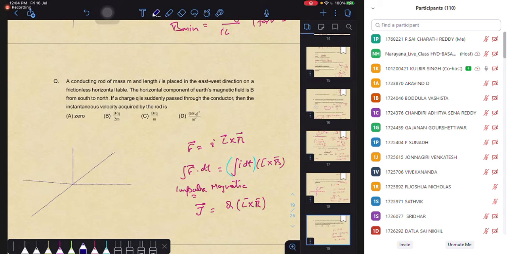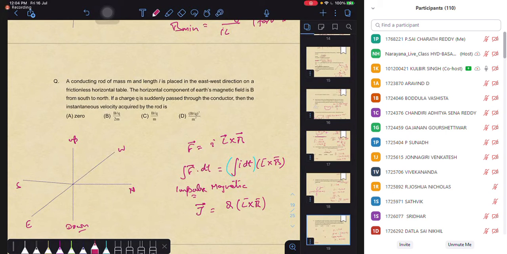The current is going to flow in the east-west direction. The horizontal component of the Earth's magnetic field, he says, is from south to north.